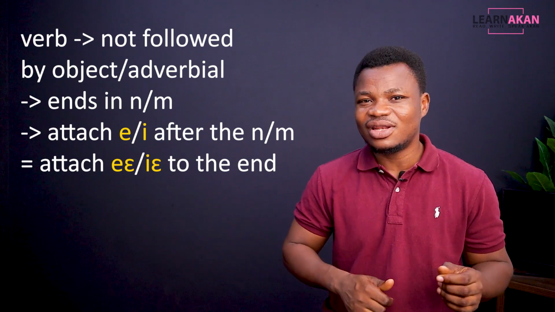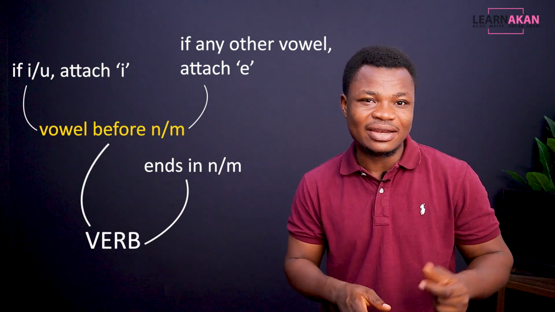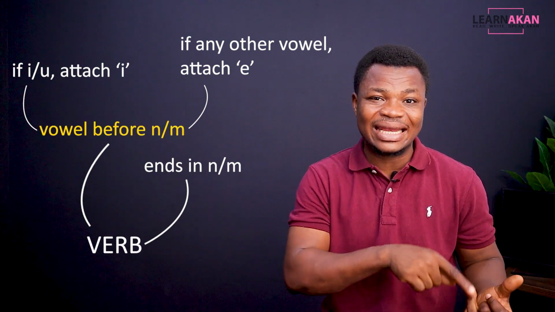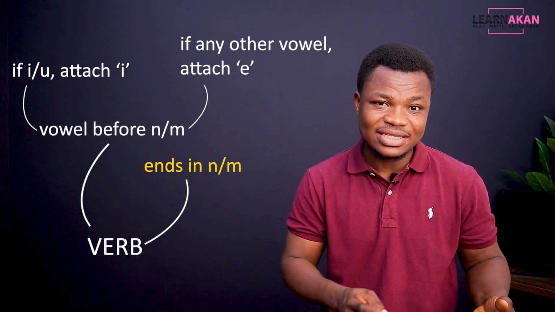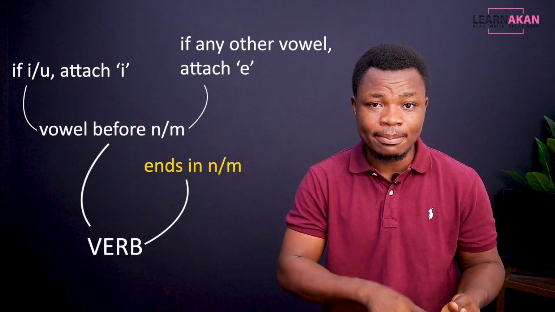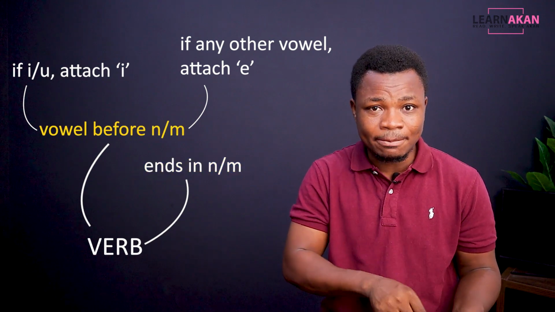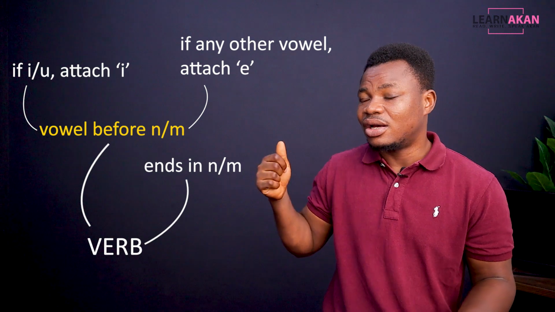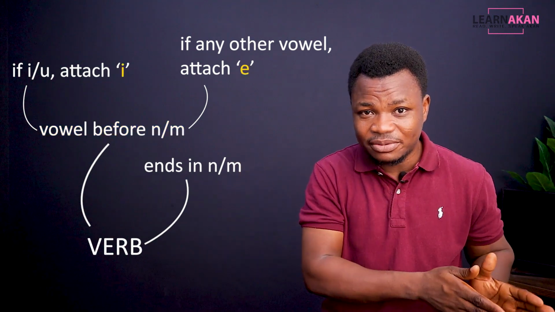Now, the choice between the vowel e or e is also determined by the vowel that came before the n. So your verb that ends in either n or the other nasal, the vowel that comes right before the n will determine which one of these we will attach to the verb.